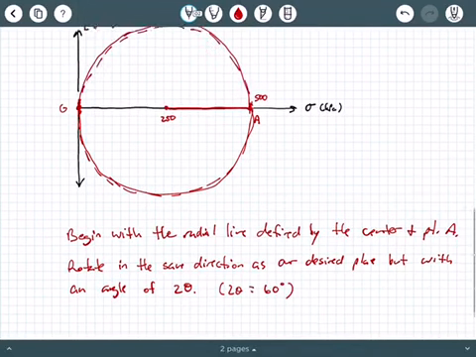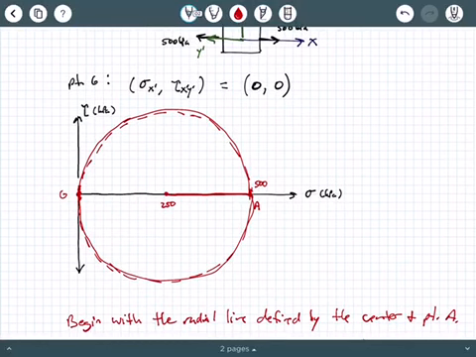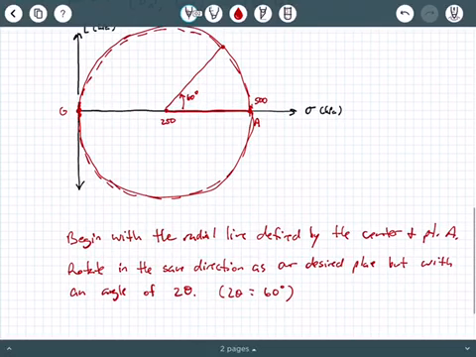in the same direction as our desired plane, but with an angle of 2 theta. So in our case, 2 theta equals 60 degrees, rotating counterclockwise.